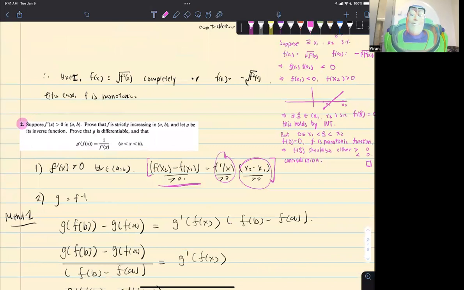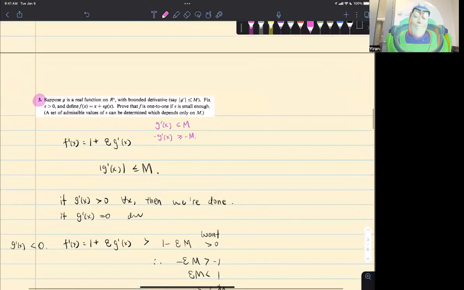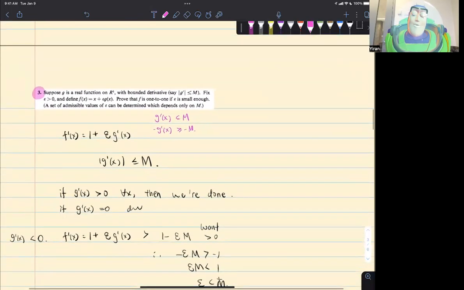Okay, so our goal is to show that F prime of X is strictly larger than 0, given that epsilon is small enough.